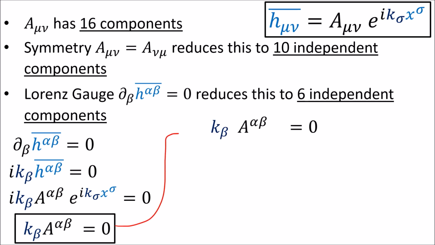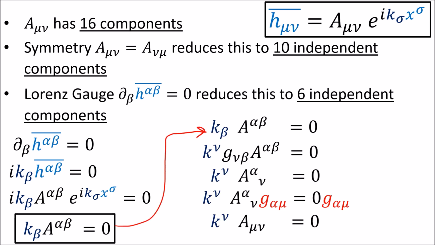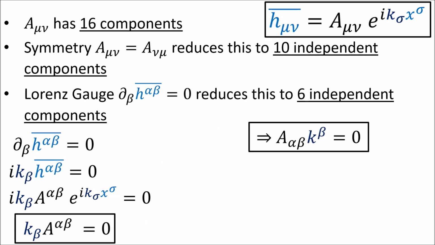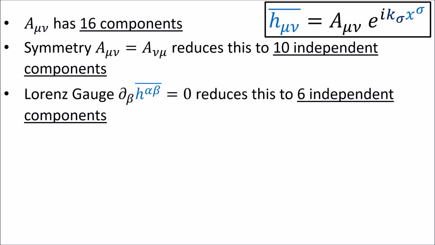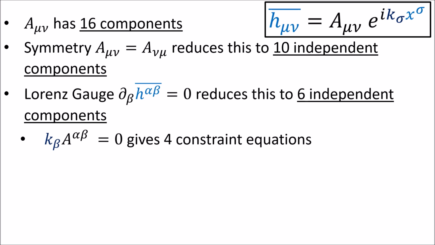If we use the metric to raise and lower indices, we can get an equivalent formula with the wave vector k with upper indices, and the amplitude matrix A with lowered indices. This constraint of A summed with k giving 0 gives 4 constraint equations on the components of A, which reduces A from 10 to 6 independent components.